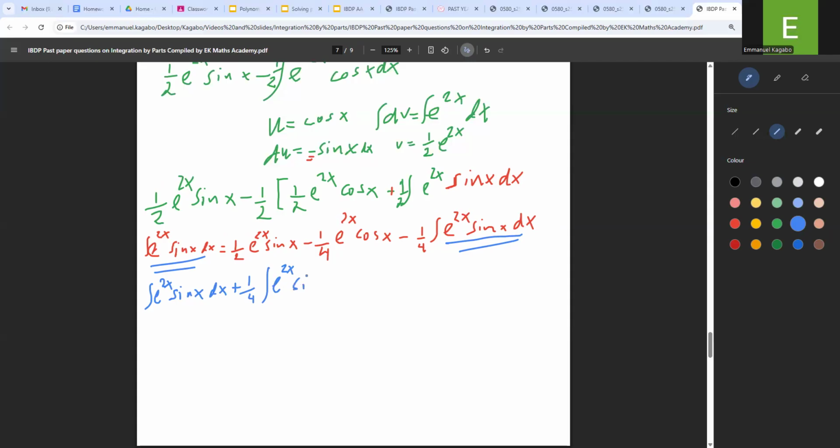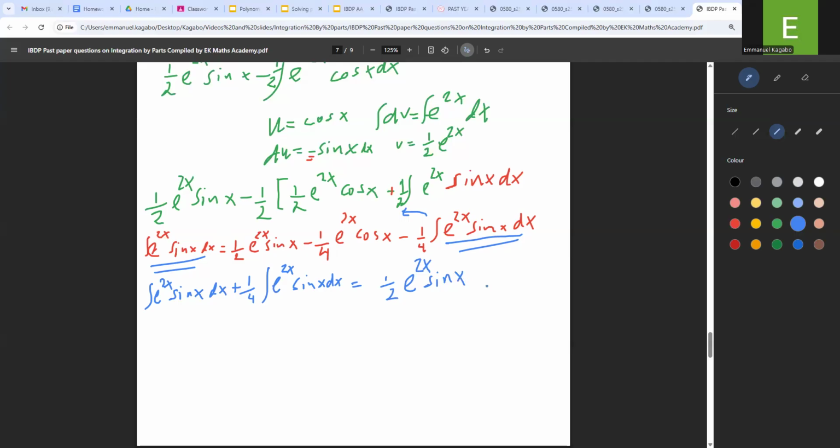Equals, now, what am I remaining with here? I took this to the other side of the equal sign. So what am I remaining with? 1 over 2 e power 2x sine x. Altogether, guys. Okay, very good.